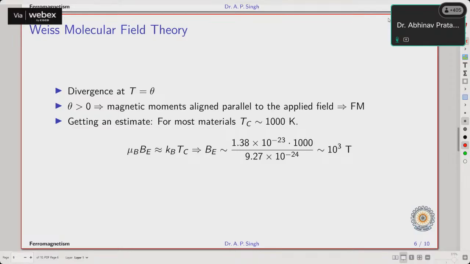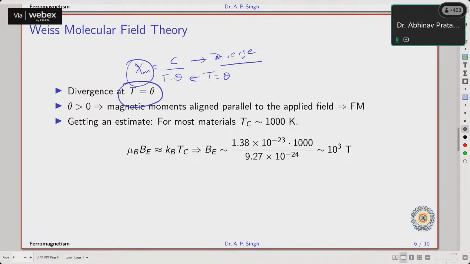Now in this expression that we have derived, you can notice, and mathematicians and even physicists always notice these things, that the denominator can become zero when T equals theta, and when that happens this will diverge. So therefore what happens at T equal to theta is that there is a divergence in this.